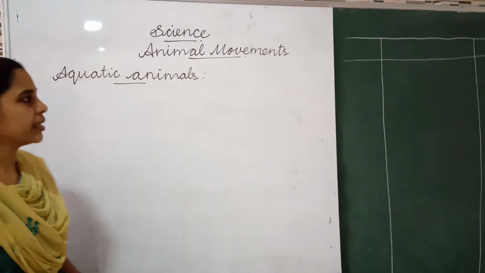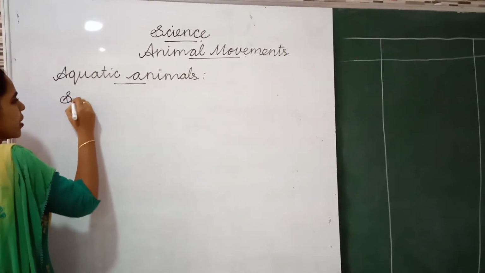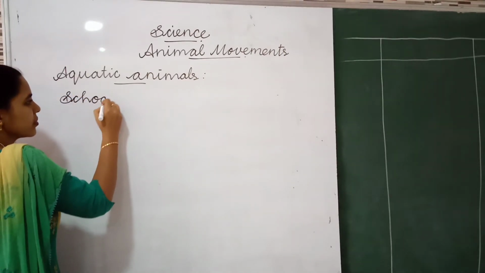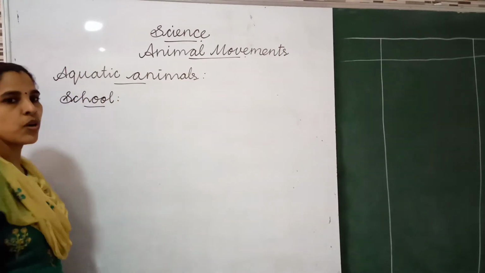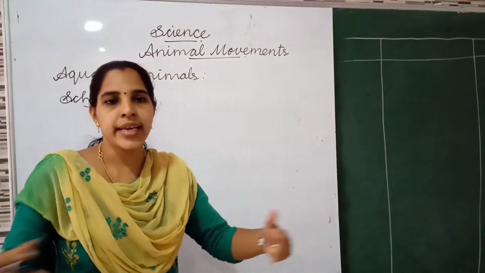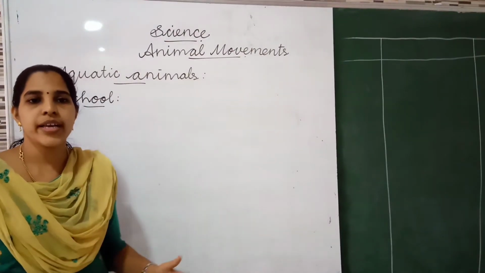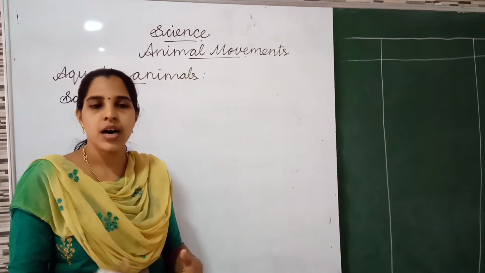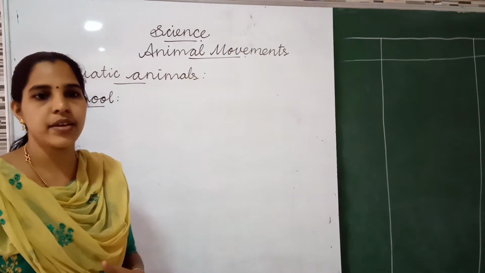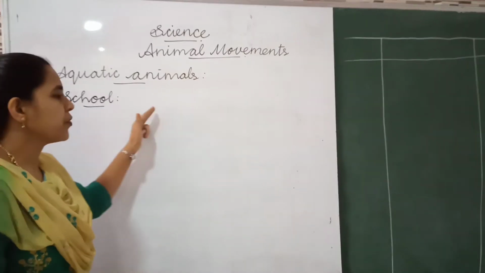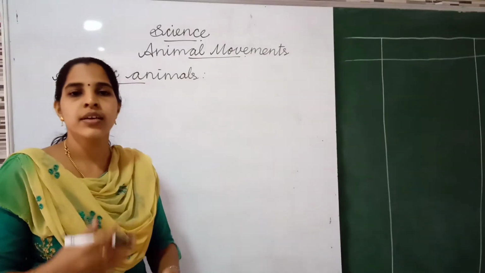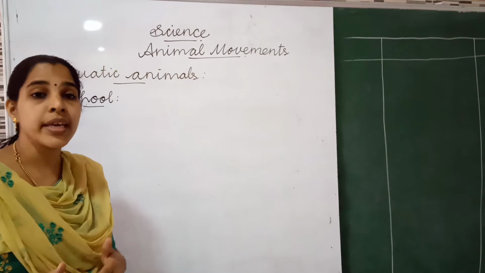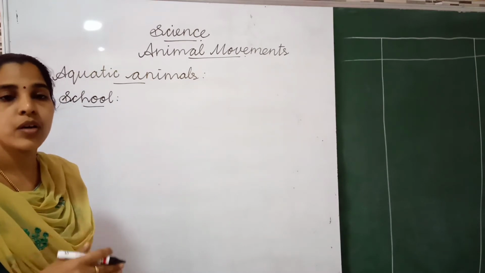Then schools. What is the meaning of school? Listen, you are in school, you will make a team. 3 or 5 students sitting together. We will say the name of team or classroom or assembly. Like that, the different types of fishes will be swimming in a group.